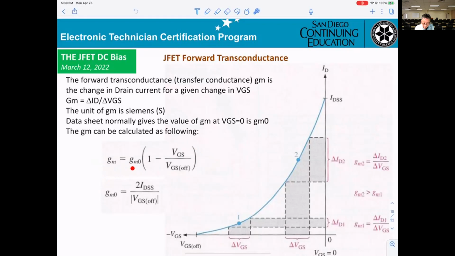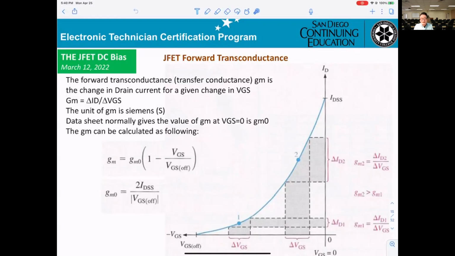gm equals gm0 times (1 minus VGS divided by VGS off). The data sheet normally gives the value of gm at VGS equal 0, which we call gm0. So the question is, they can ask you, what is gm0? The answer is the transconductance at VGS equal 0.